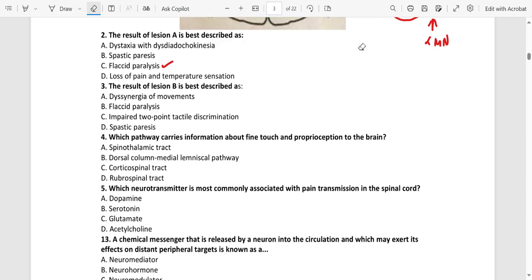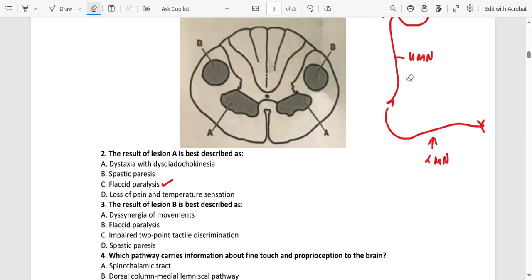Because for this tract, you are coming from the brain and coming down to the spinal cord, and then information is picked up from the spinal cord going to the muscle that you are trying to innervate. So a lesion to the corticospinal tract is similar to a lesion of an upper motor neuron. So there is going to be spastic paresis.